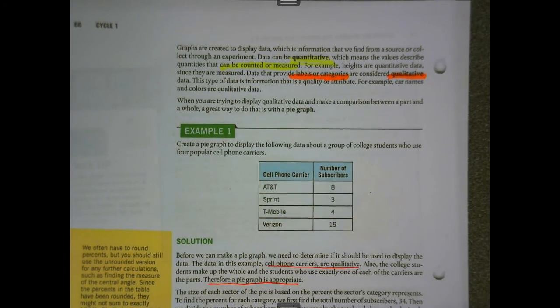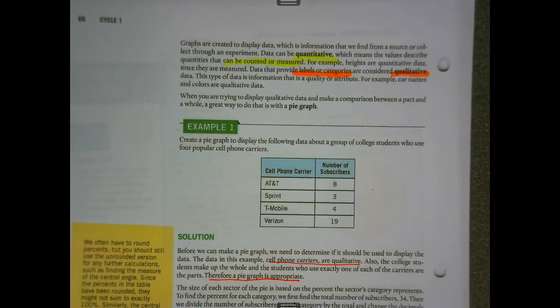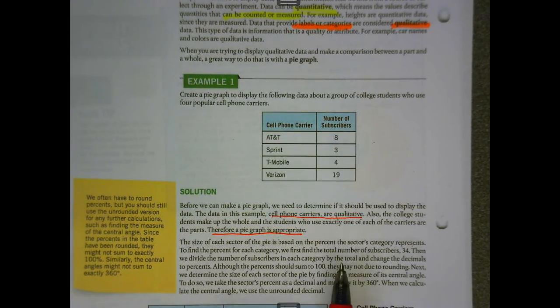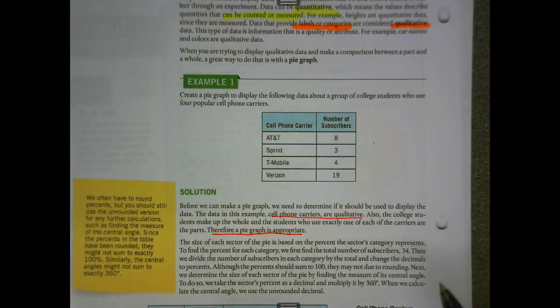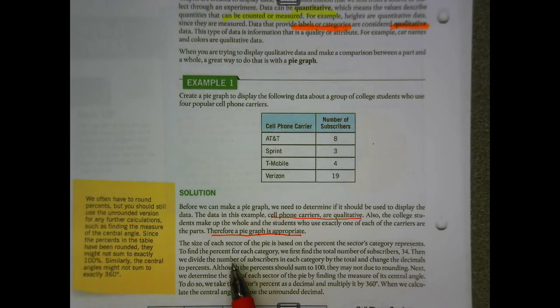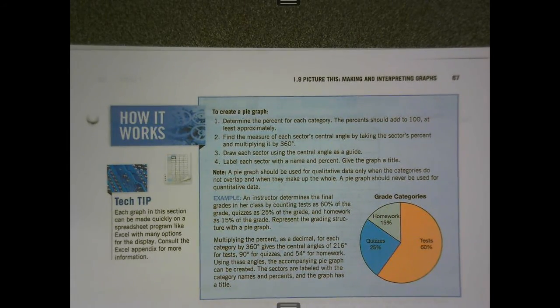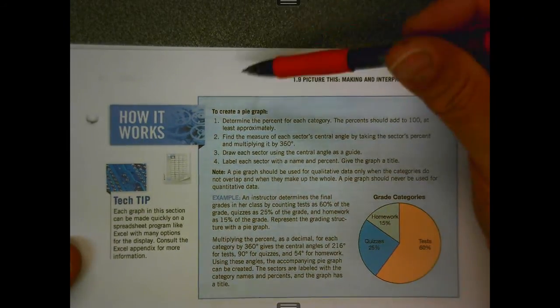I think we'll turn to the next page because there's a step-by-step process on how to do this. First, you're going to determine the percentage for each category. The percents should add to 100. Sometimes it's a little under or over because of rounding issues.